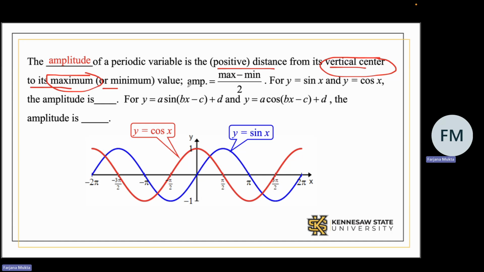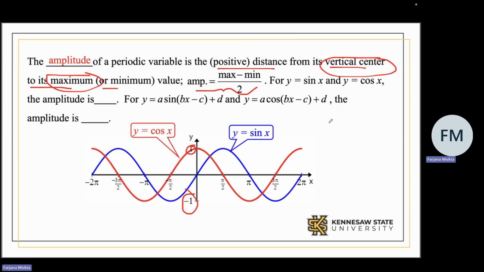Now to calculate the amplitude, we subtract the minimum from the maximum and divide by 2. Notice that for both sine and cosine, the maximum is 1 and the minimum is negative 1. So what is our amplitude?